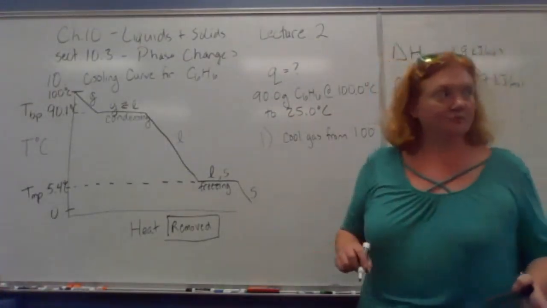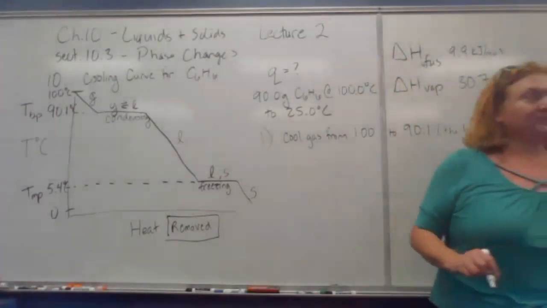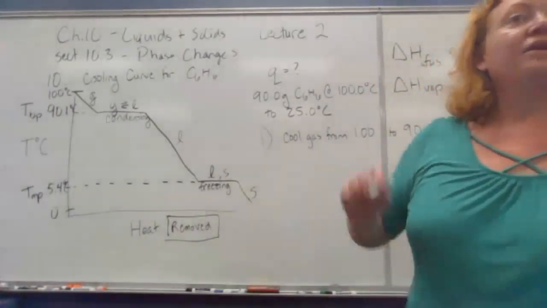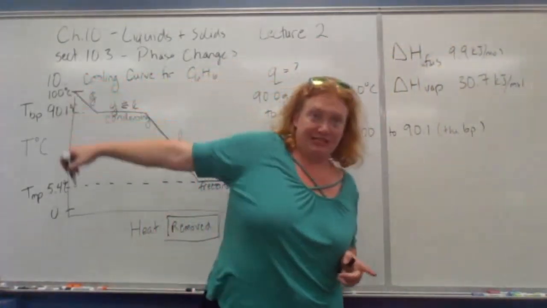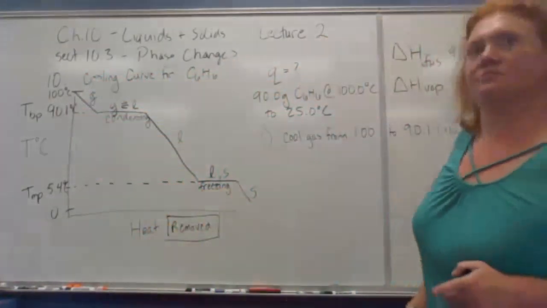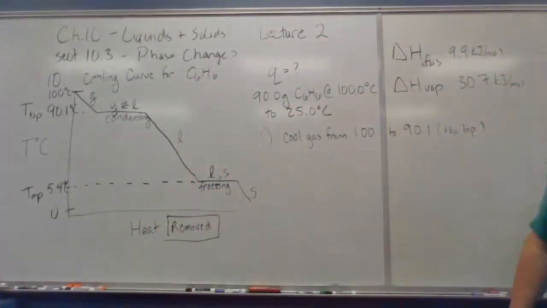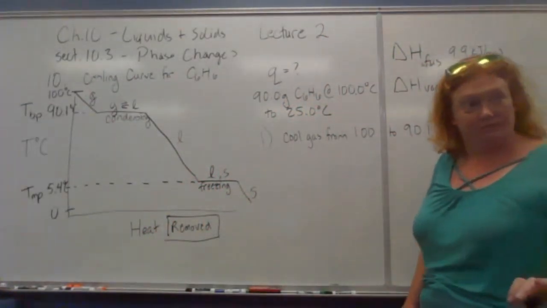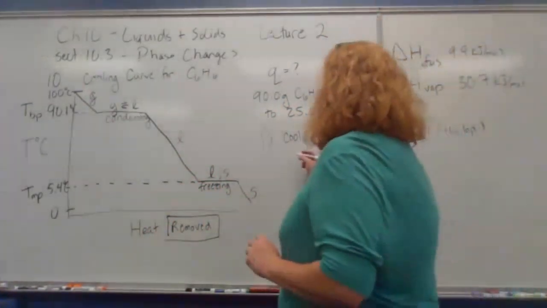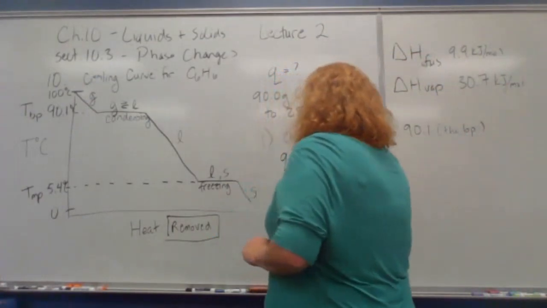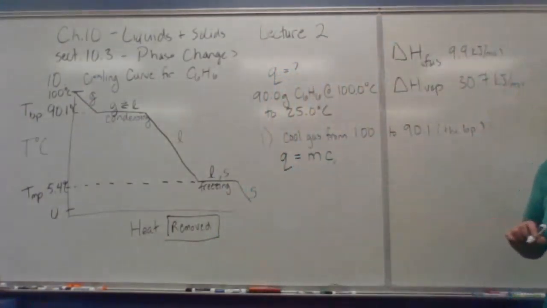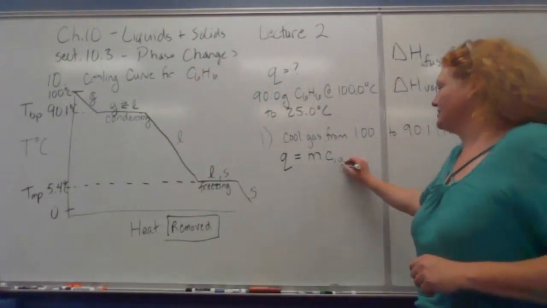If you're cooling, you're changing the temperature, so that's MCΔT. We have not hit the phase change yet, right? What C value are you using? The C value for when it is a gas.